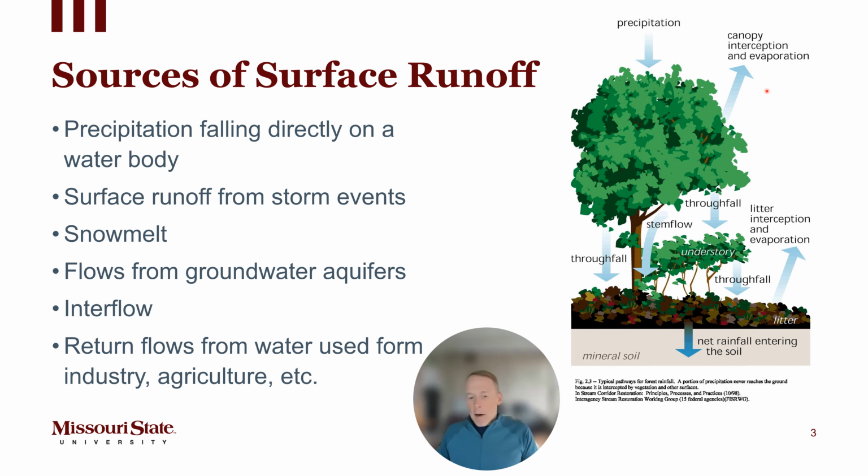That means that the rainwater fell, but maybe it got held up and it's sort of pulled up on a leaf in a little depression on the leaf, or it's running down the side of the tree trunk. That would be the stem flow here. Or it falls on a leaf and then falls on another leaf and another one and eventually drips down to the ground. That would be the through-fall process that's labeled here.